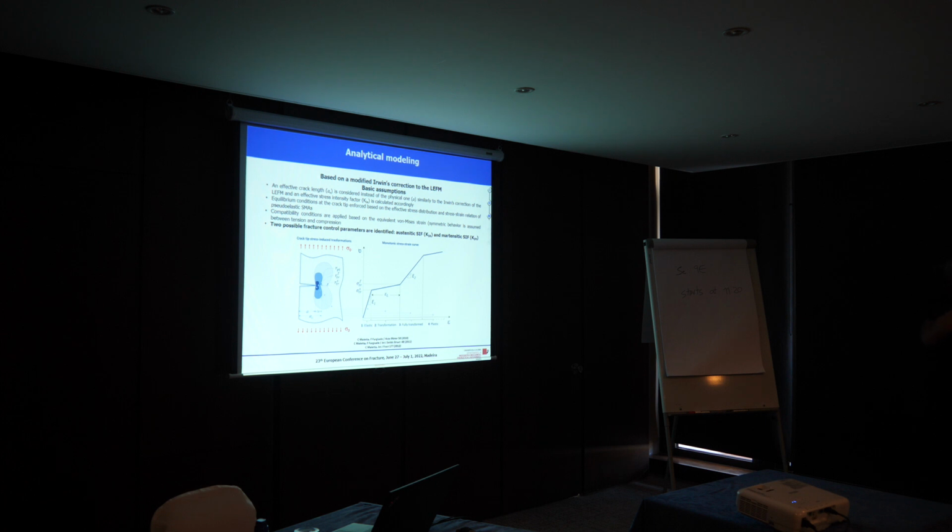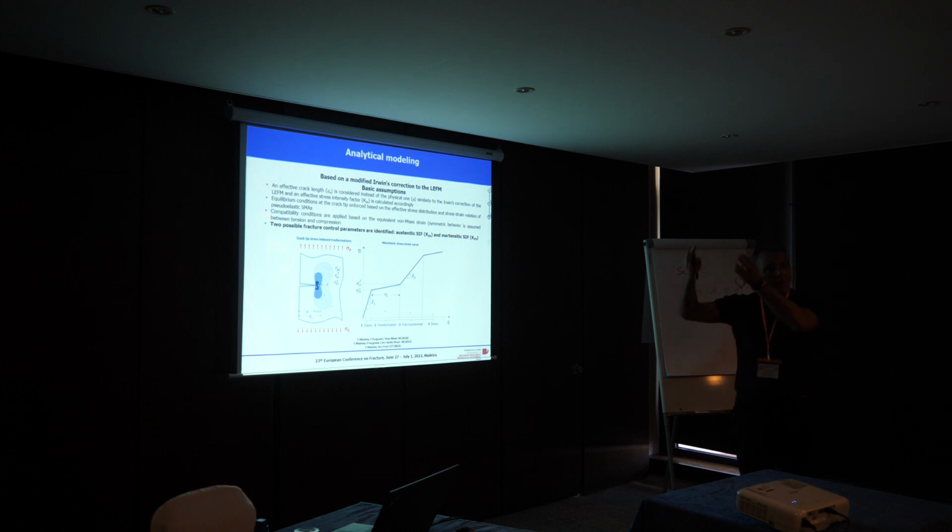So you are fitting the Williams series in the elastic region, resulting in an effective crack length. Similarly to elastic plastic material, the Irwin's correction is exactly the same. So you are neglecting what is actually happening at the very crack tip, and you are forcing the elastic solution to fit the data outside the crack tip.